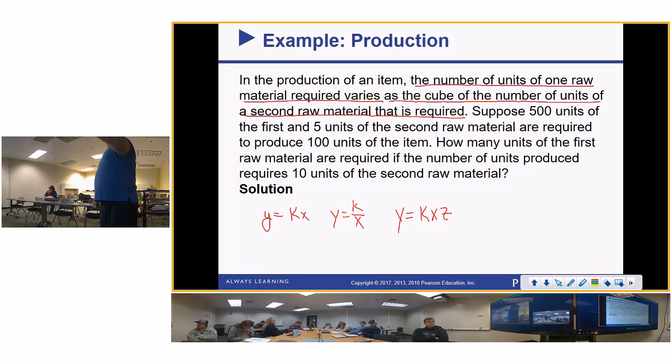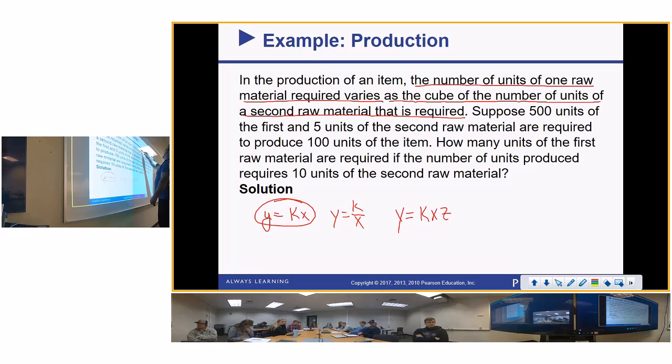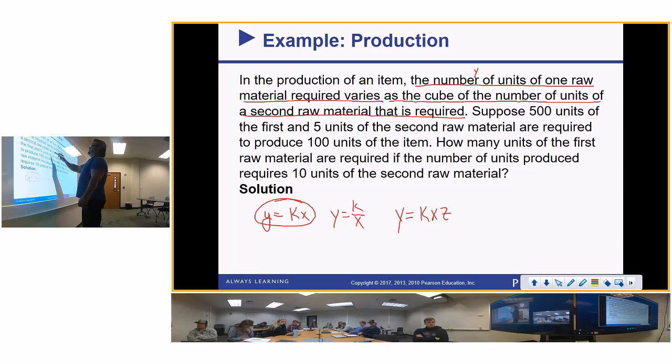So it says varies, and I guess they want to say directly. It says the number of units of one raw material. Okay, so let's just go with this one. We'll say that this is y, and this is x.